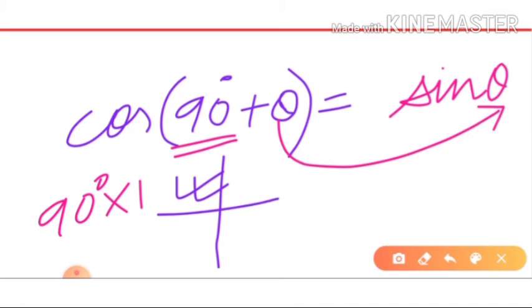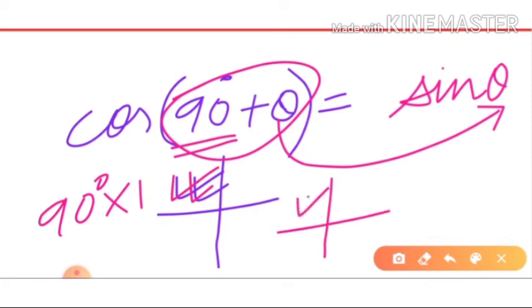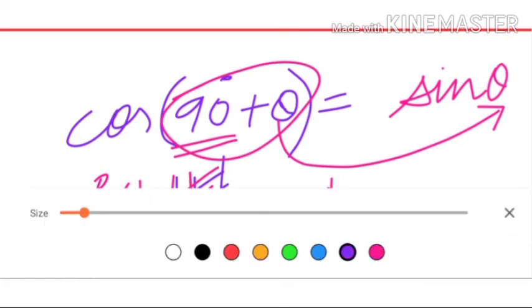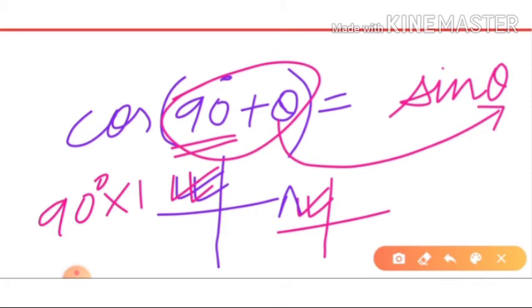Then for the sign convention, 90 degree plus theta is in the second quadrant, where by ASTC only sine is positive, but we have cos here, so it will be minus sin theta. So cos of 90 degree plus theta is minus sin theta.